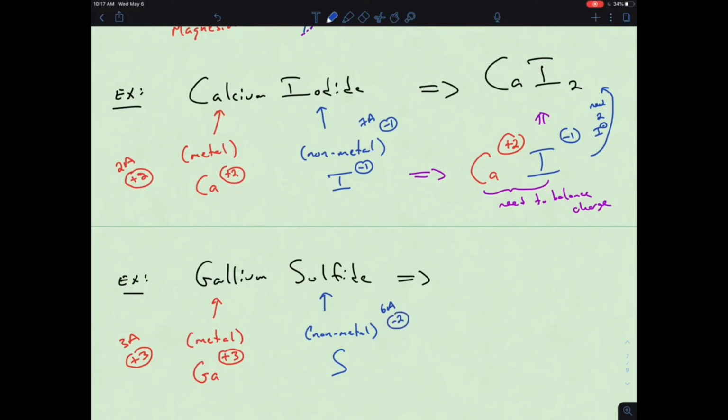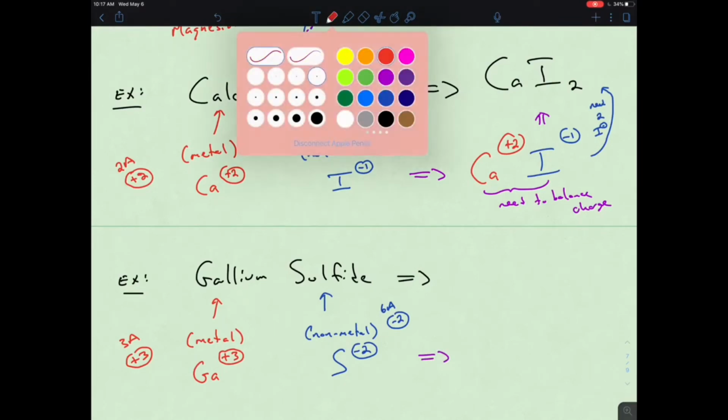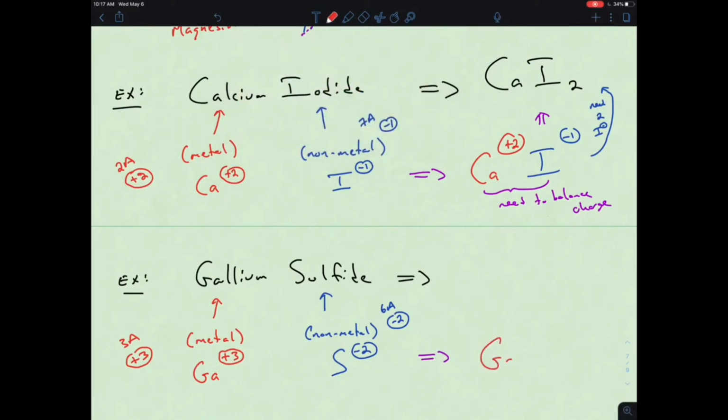When the 6A is like oxygen, they like to have that -2 charge. And so there's our sulfide. So going forward, we're just putting those 2 together.